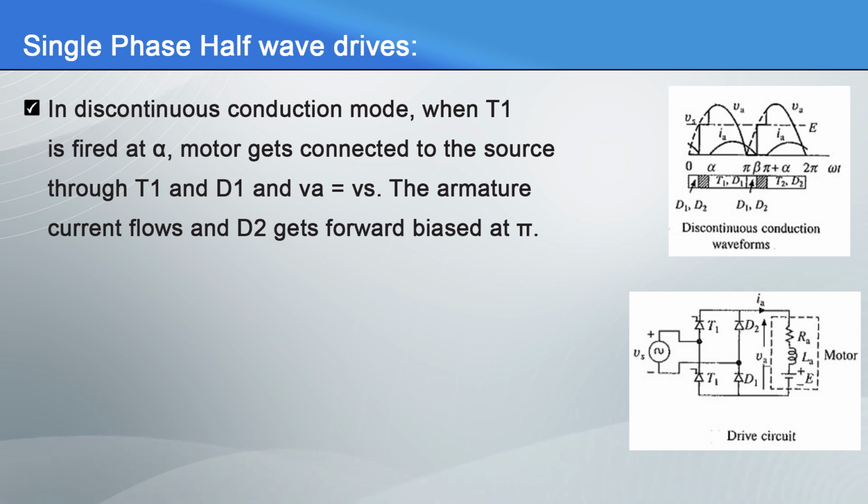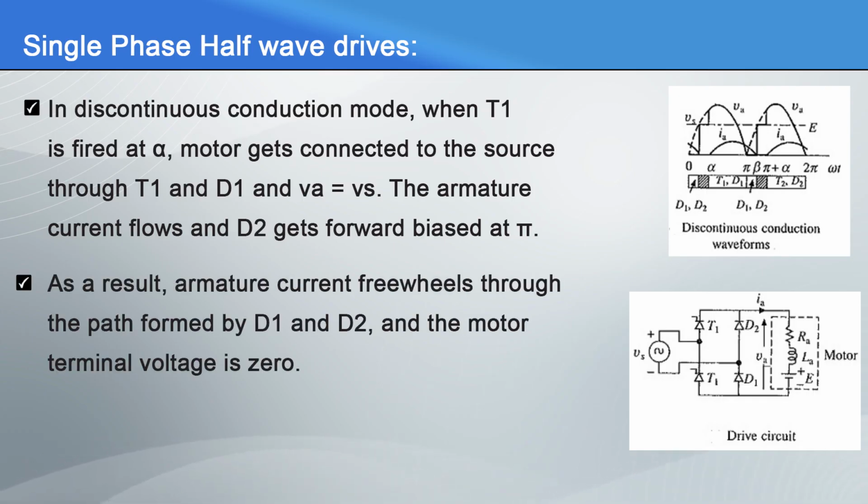In discontinuous conduction mode, when T1 is fired at alpha, the motor gets connected to the source through T1 and D1, and VA is equal to Vs. The armature current flows and D2 gets forward biased at angle pi.